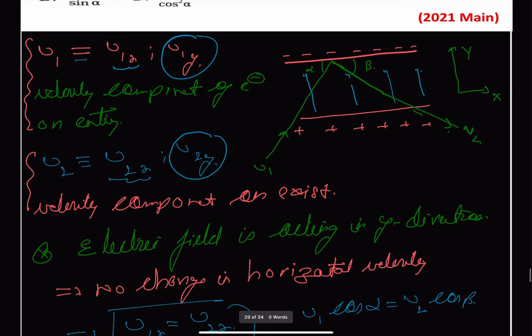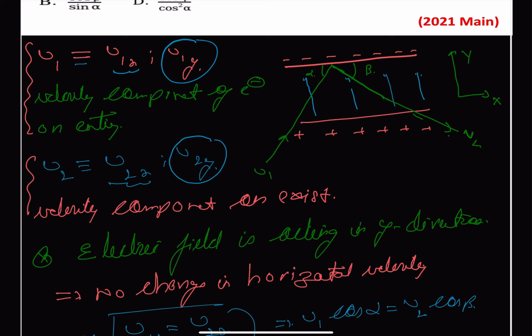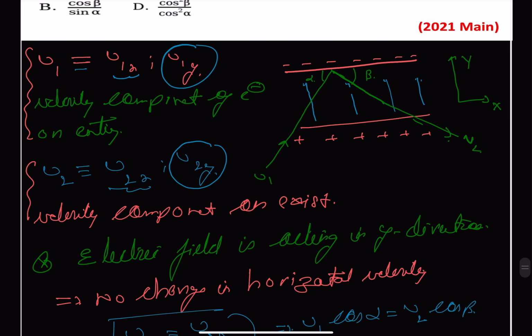Let me draw it, it will be much more convenient. We have the components of V, this will be alpha, so this will be our V1x, which is equal to V1 cos alpha, and this will be our V1y, which is V1 sin alpha.